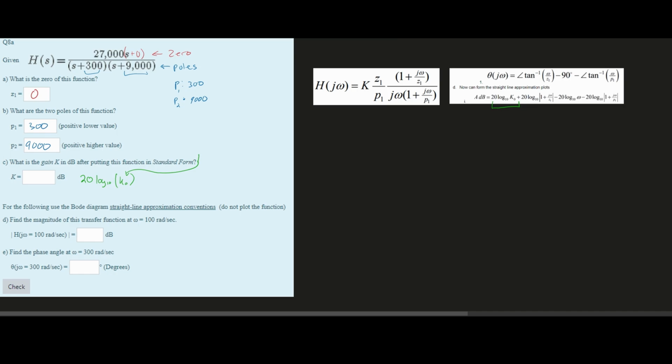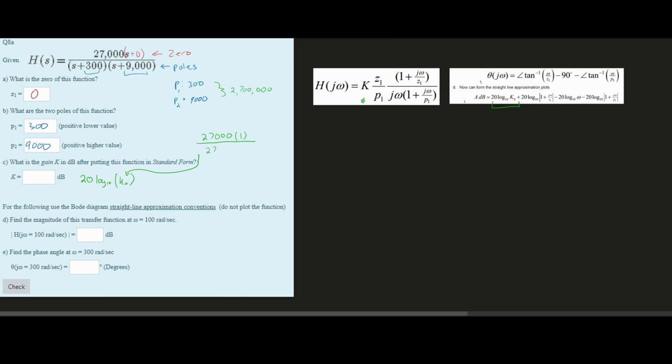We take the constant out front, so we have 27,000. If we had a z1, we would take it, but since we don't, we're just going to have a 1 here, and this is divided by our p's. Our total p, these two together, is 2,700,000.